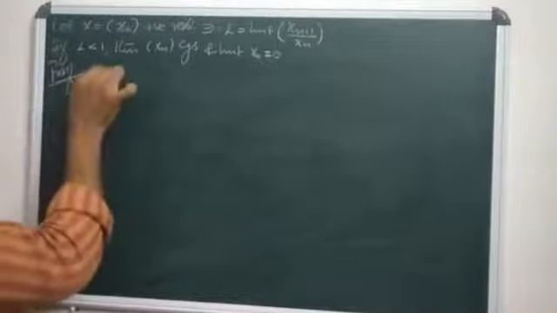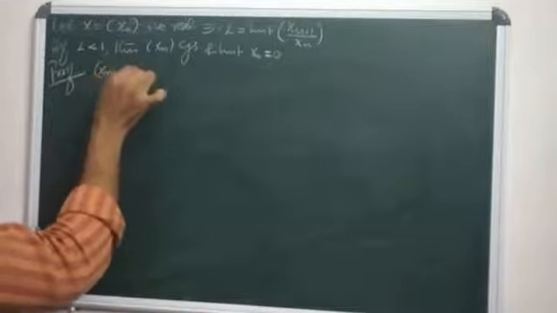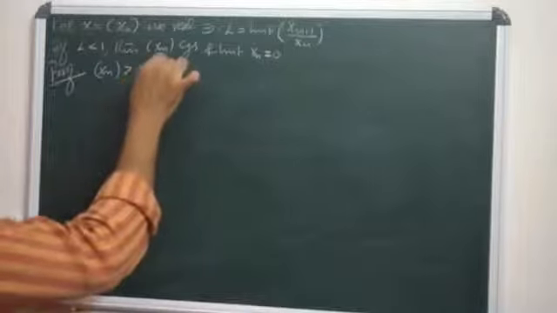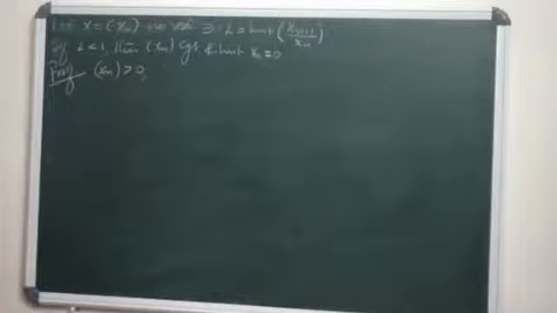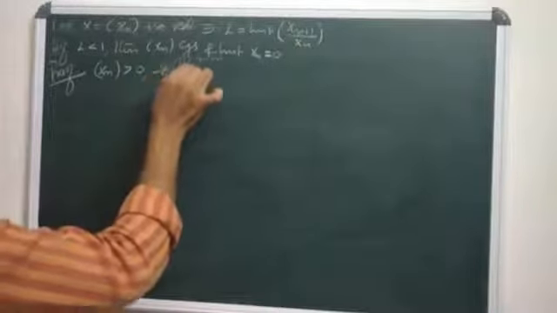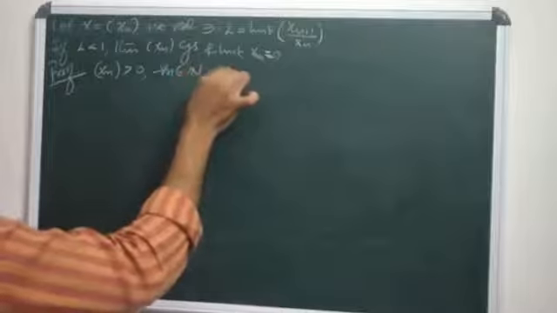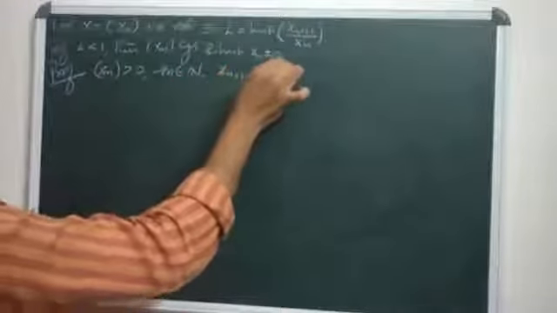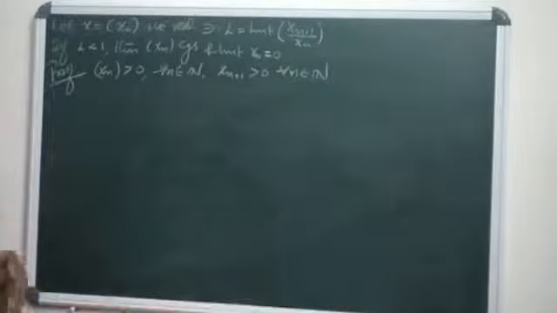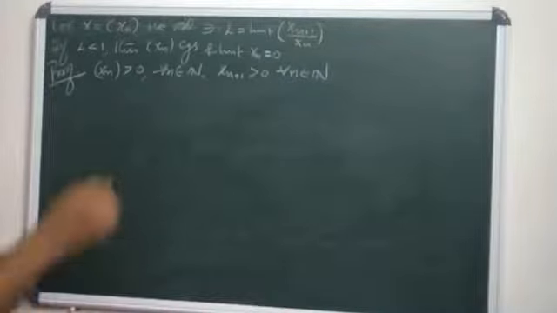The sequence xn is a sequence of positive reals, so xn greater than 0 for all n. Since xn greater than 0, xn plus 1 is also greater than 0 for all n, because it is a sequence of positive reals.